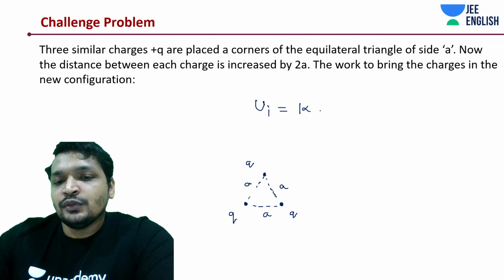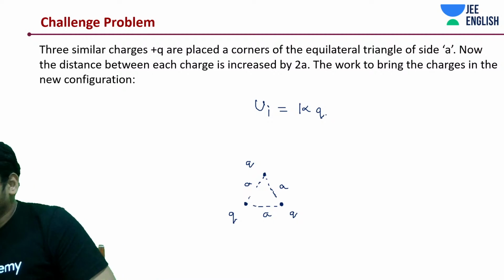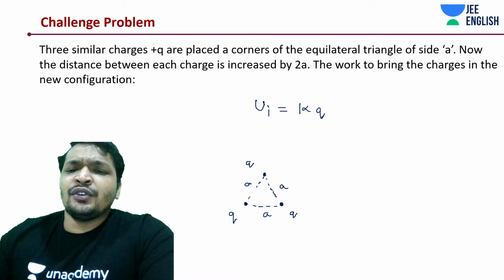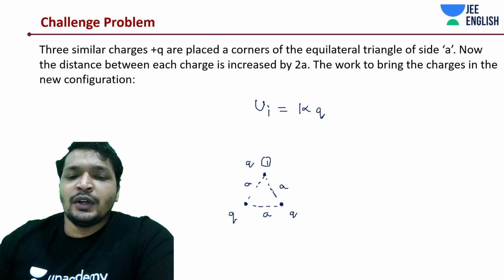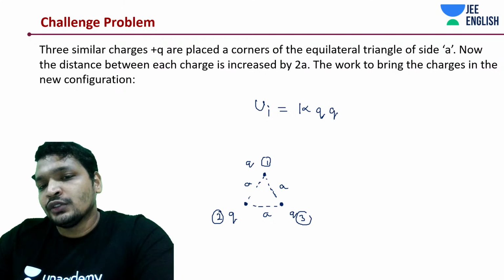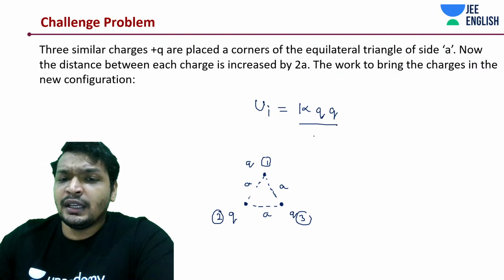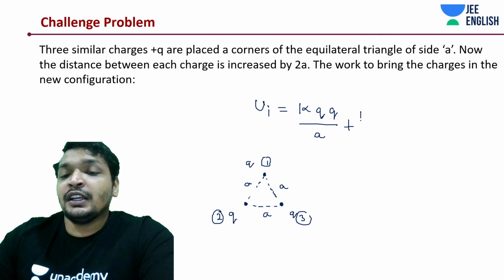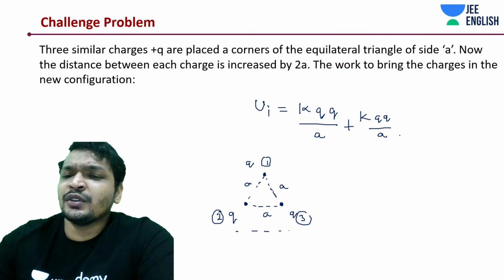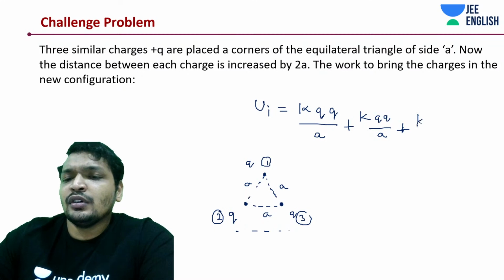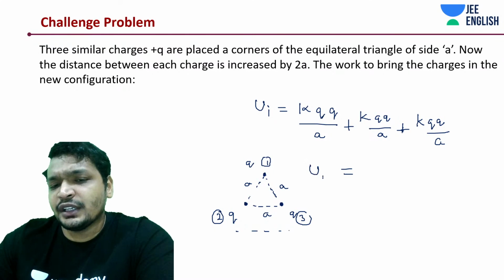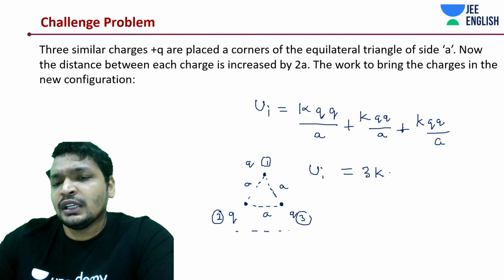This is going to be K Q Q by A. If you understood 1, 2, 3, I'm going to label this. I think we should not be doing this very often anymore. So this is K Q square by A, plus K Q square by A again due to the second pair, and then there would be a third one, K Q square by A. So the initial configuration is 3 K Q square by A.